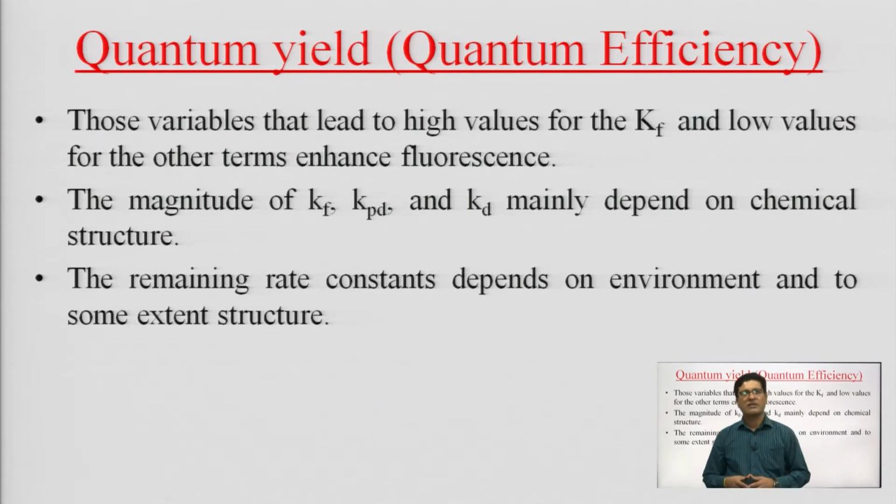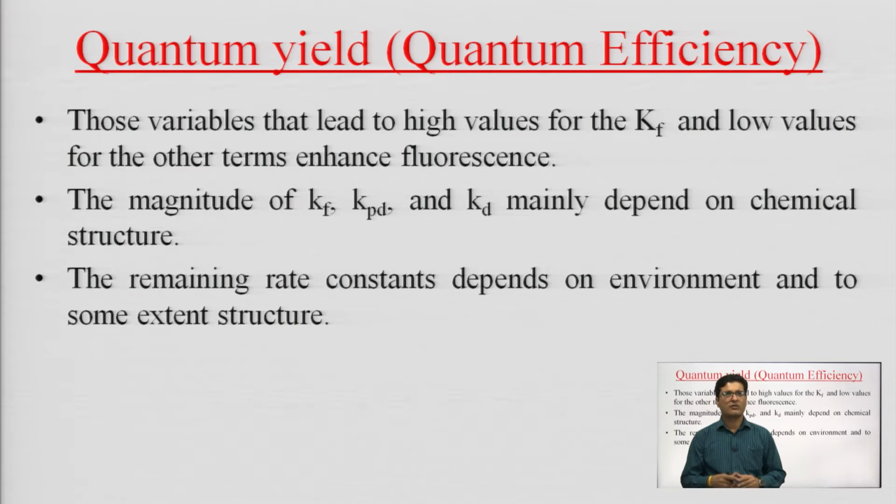So those variables that lead to a higher value of Kf and lower values of the other rate constants enhance the fluorescence. Any modification in the structure that supports this can increase the quantum efficiency or quantum yield of that particular compound.